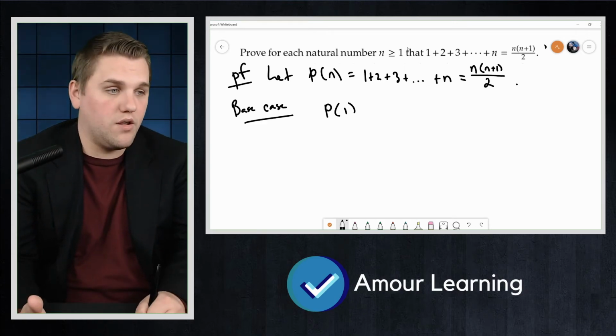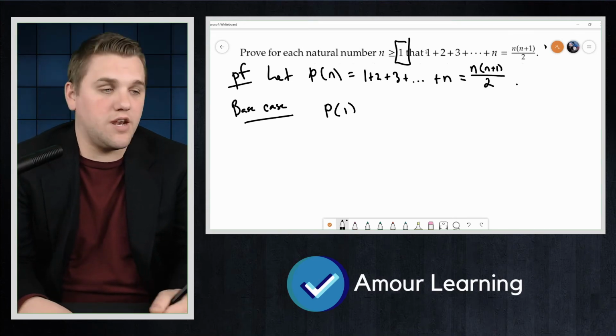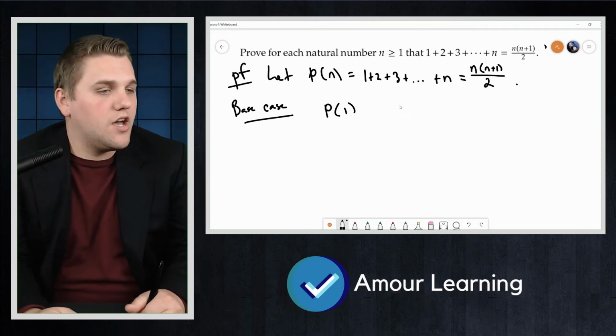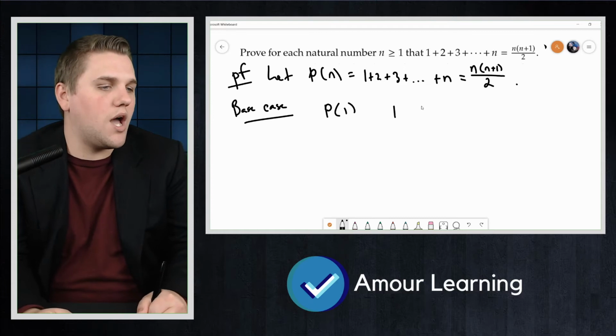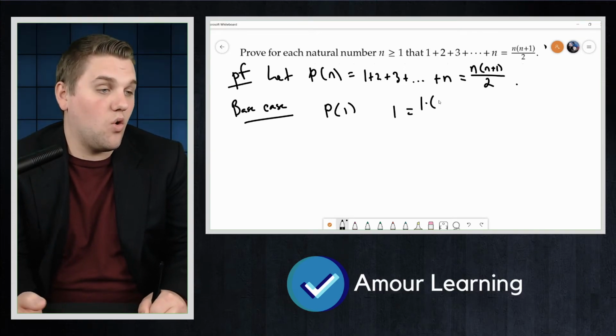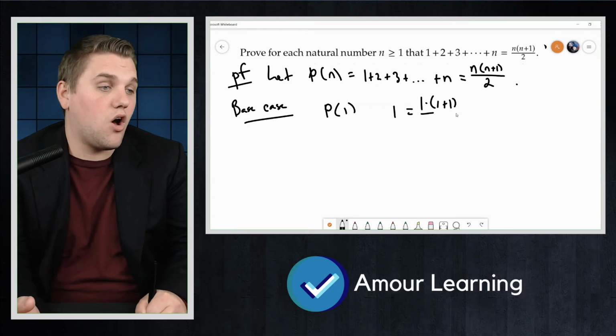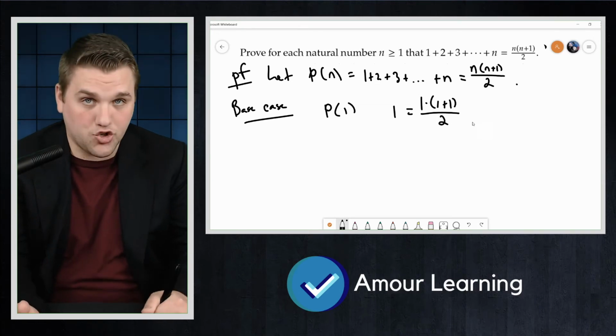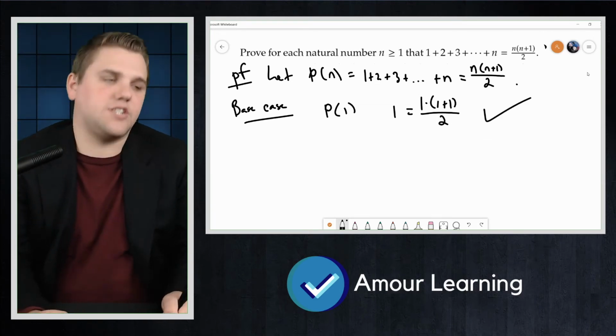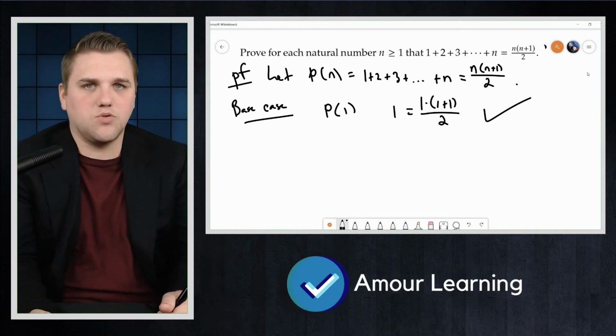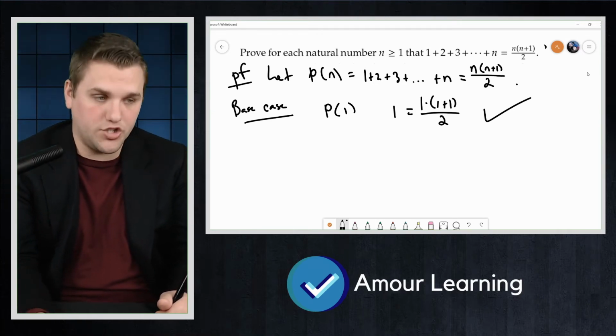We're going to start at 1 because that's the key number to start with for our base case. So P of 1 is the statement 1 equals 1 times 1 plus 1 all over 2. Is that true? Yes, it's definitely true. The left-hand side is 1, the right-hand side is 2 over 2, which is 1.